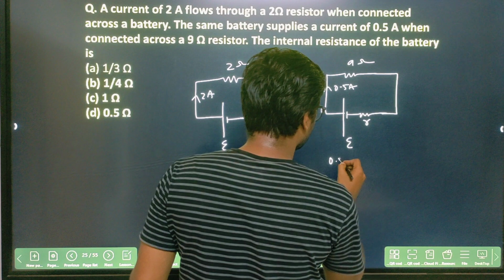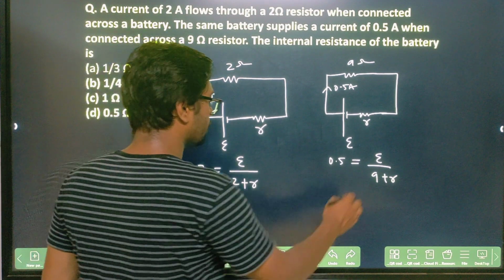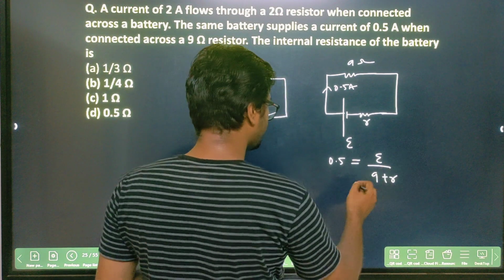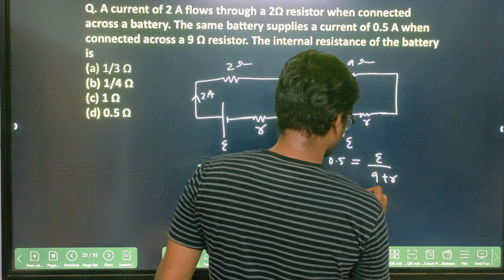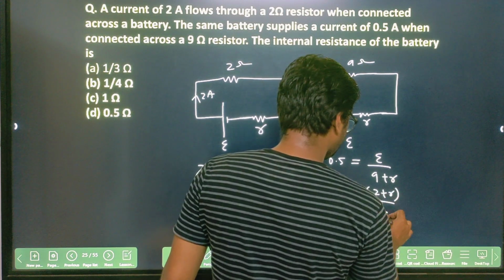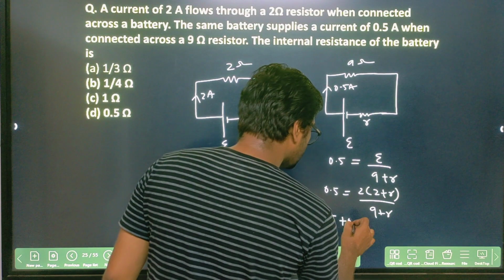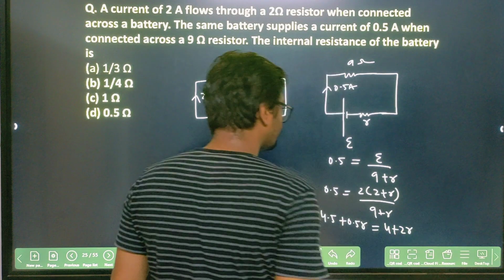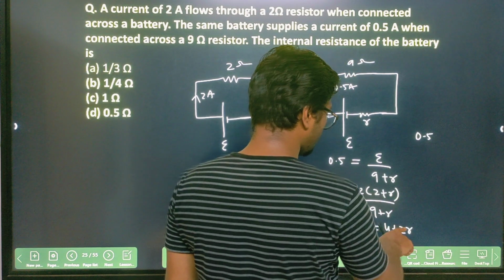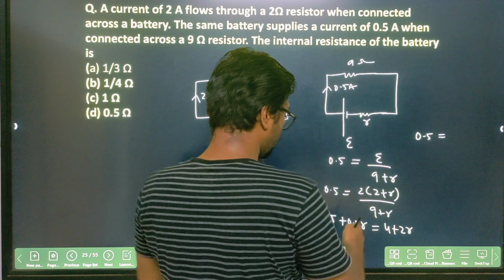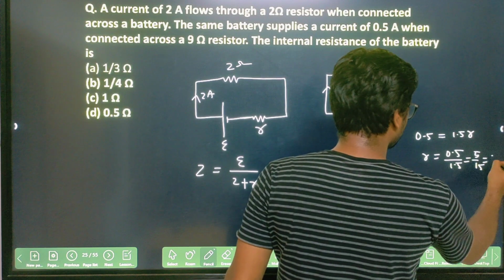For the other case, 0.5 is equal to E by 9 plus R. So I replace this EMF: 0.5 equal to 2 into 2 plus R divided by 9 plus R. Just multiply here, so this will be 4.5 plus 0.5 R equal to 4 plus 2 R. Take this to this side: 4.5 minus 4 is 0.5, and 2 minus 0.5 is 1.5 R. So R will be 0.5 divided by 1.5, which is 5 by 15, that is 1 by 3.